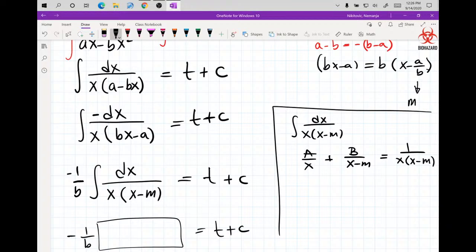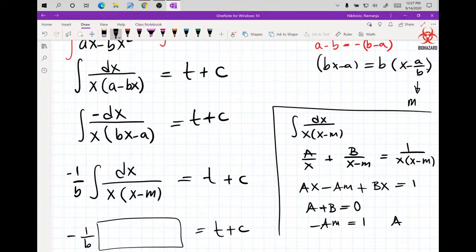And when I cross multiply, I get ax minus am plus bx equal to 1. Standard partial fraction decomposition from Calc 2. And I have that a plus b is going to be equal to 0. And negative am is going to be equal to 1.